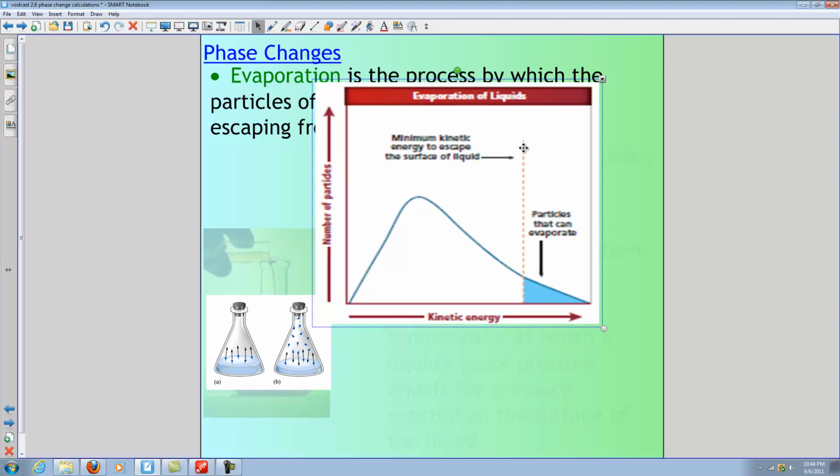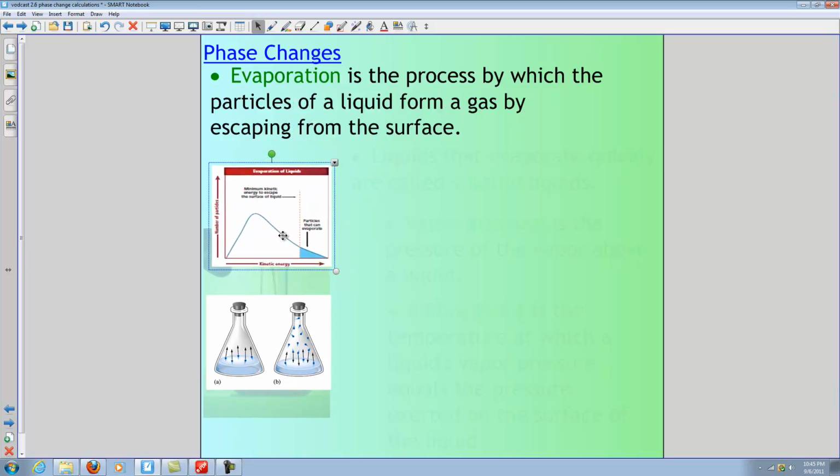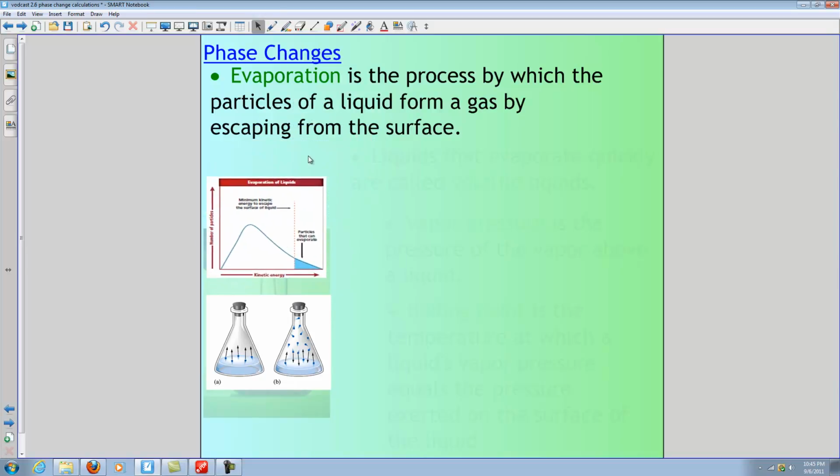You see there's this line here that says minimum energy needed to escape the surface, in other words to become a gas. So all of these particles that have this much kinetic energy, if they're at the surface, they can escape and evaporate. And over the course of time you might get more energy into the system from sunlight or something like that, and that causes more evaporation.